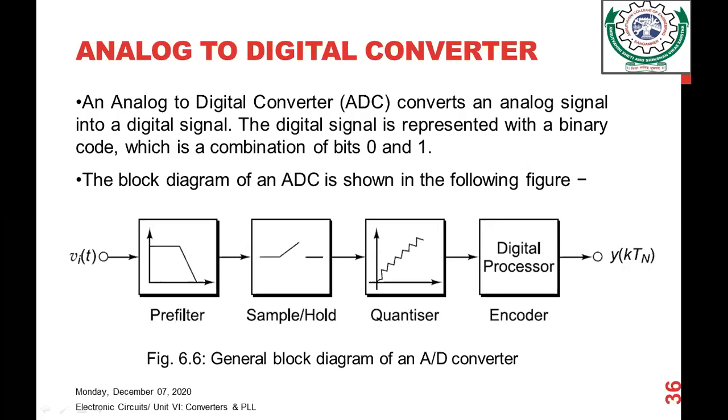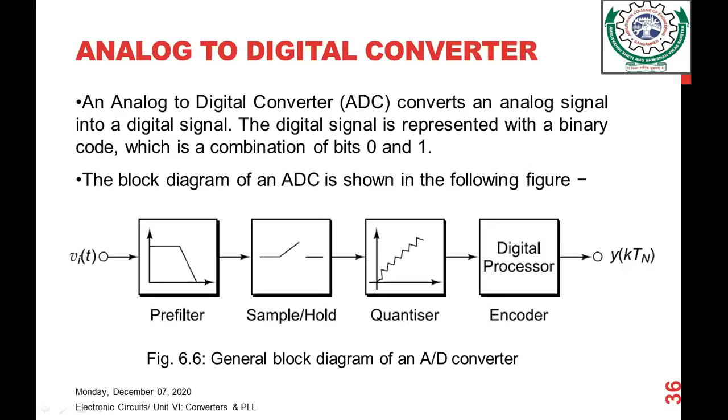The quantizer basically segments the reference voltage signal into some step size or sub ranges. Typically, for an n bit digital output, the A to D converter has 2 raised to the power n sub ranges.